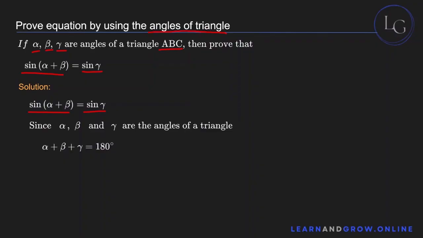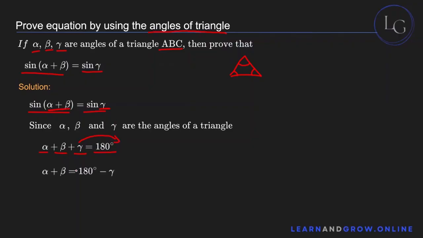How? Let's see. As you know, the three angles in a triangle always add up to 180 degrees, right? So alpha plus beta plus gamma is equal to 180 degrees. Now, since we have this alpha plus beta on the left hand side and this gamma on the right hand side, let's take this gamma to the right hand side.